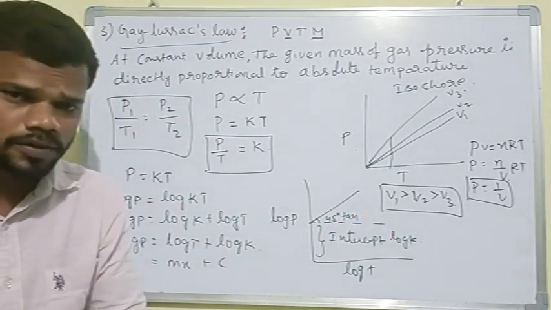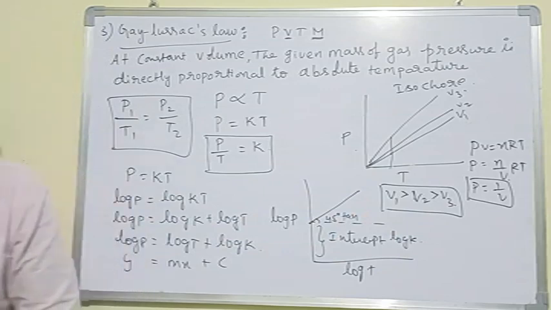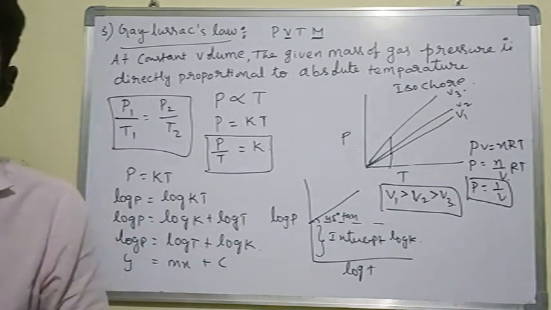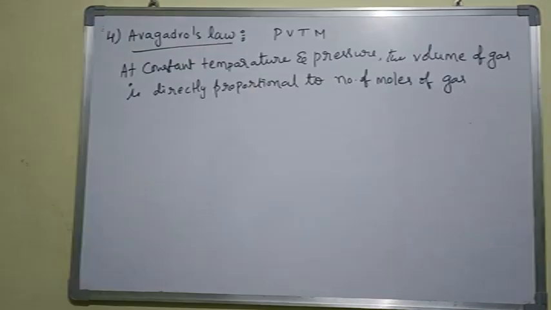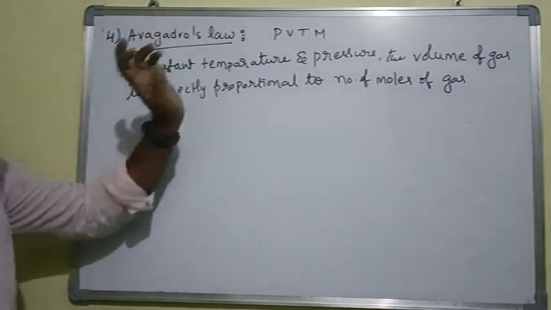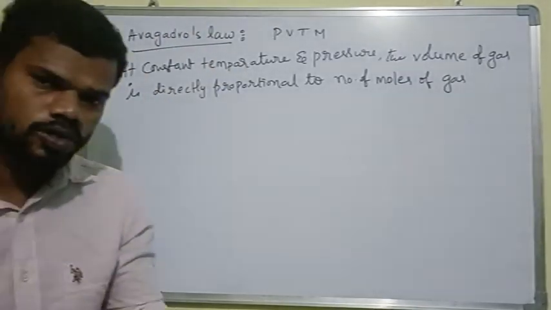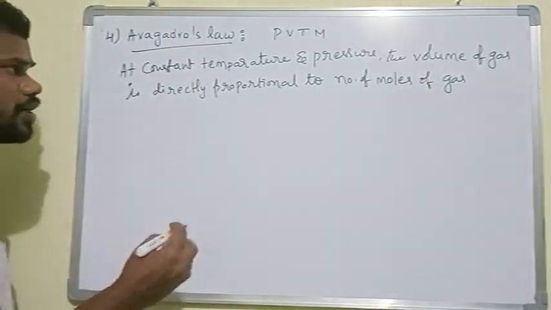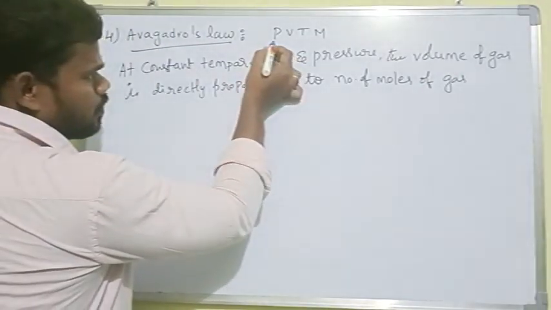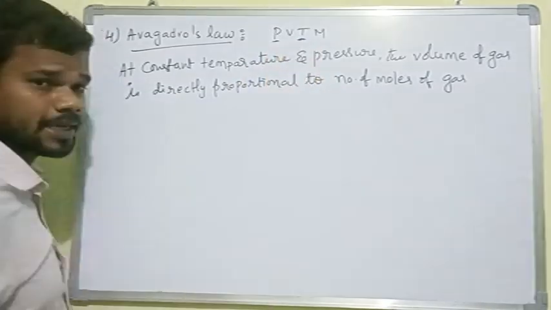Clear? Next, the fourth law is Avogadro's law, which we can discuss now. In Avogadro's law, the pressure and temperature are kept constant.